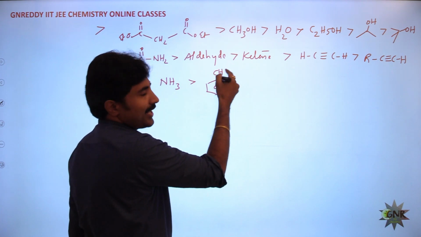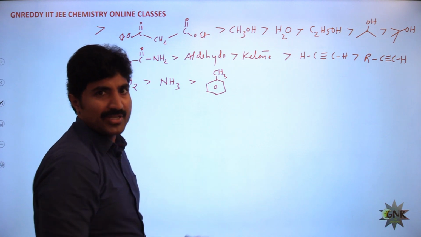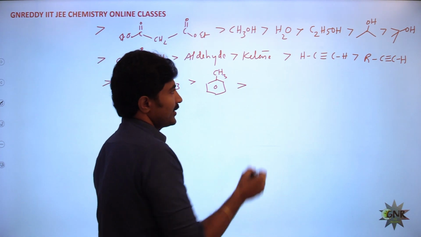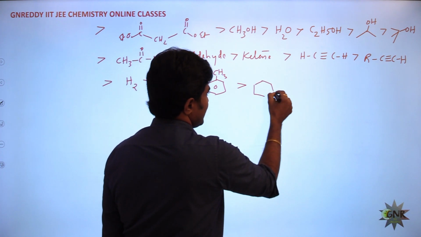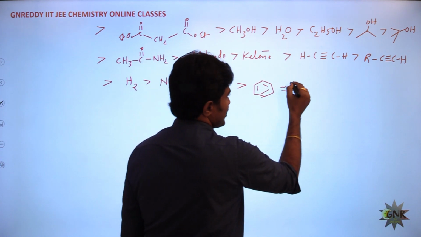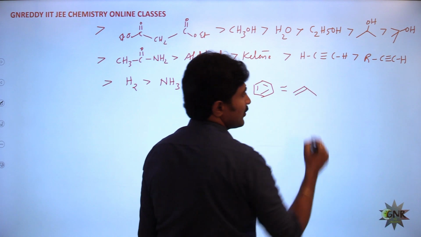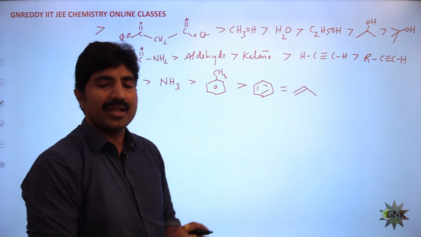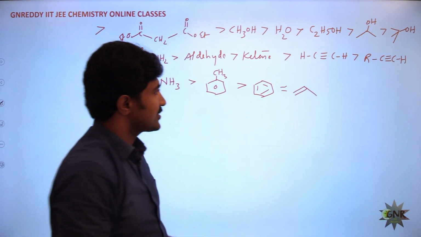Toluene, because if you remove this hydrogen, a benzyl carbanion comes, which is stabilized by resonance, and then benzene hydrogen, approximately equal to even propylene. If you remove this hydrogen, that is allyl carbanion, which is also stabilized by resonance.